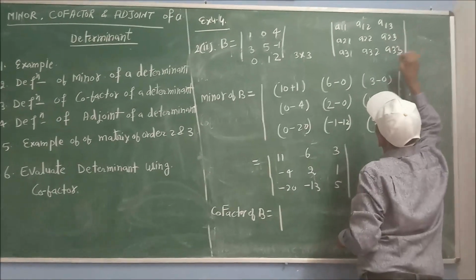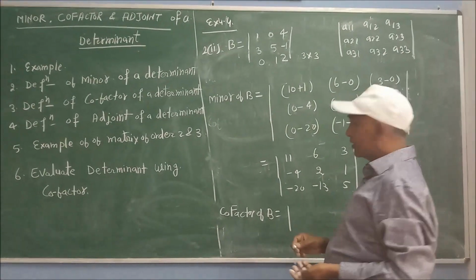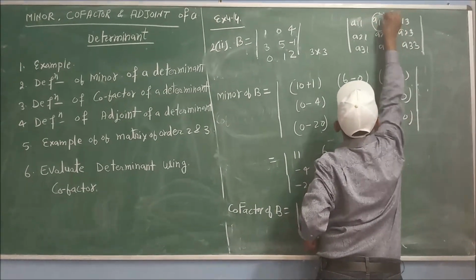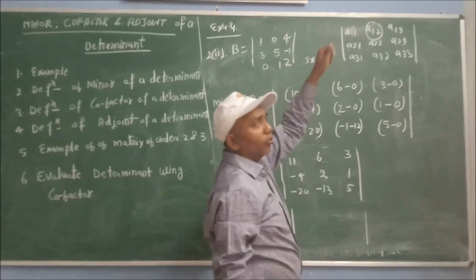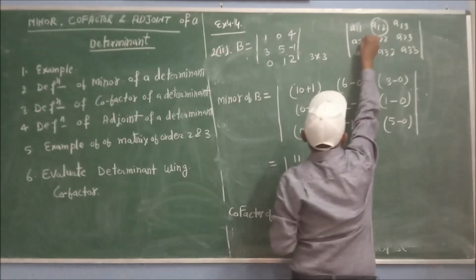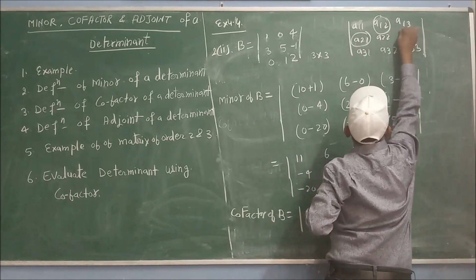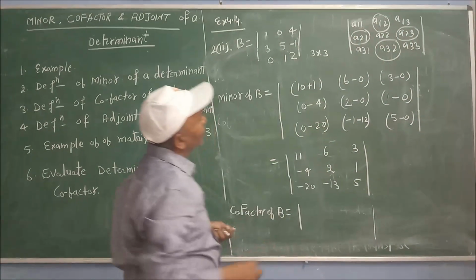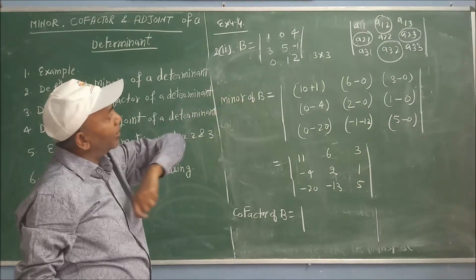And check where the sign will change. Here 2 plus 1 is 3, which is odd, so the sign will be minus. Here also minus. This will also be minus. 2 plus 3 is 5, and this is also minus. So these 4 terms are minus and the remaining 5 terms will be plus.